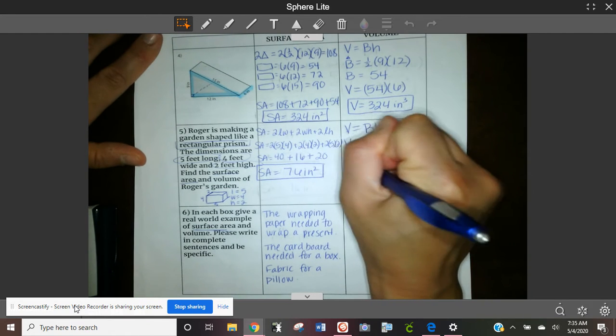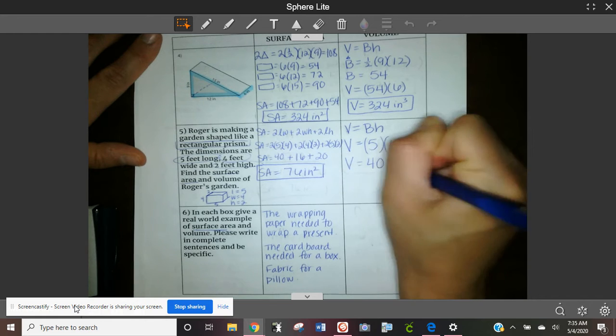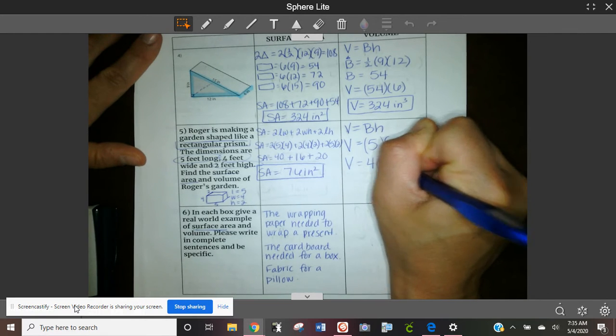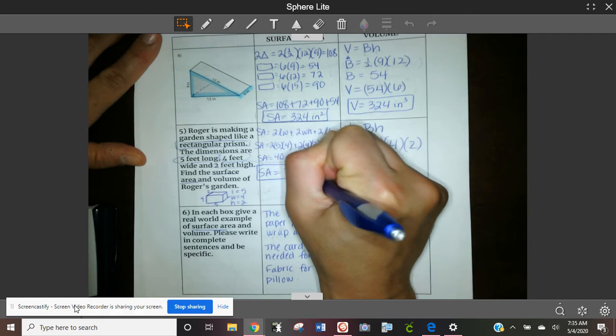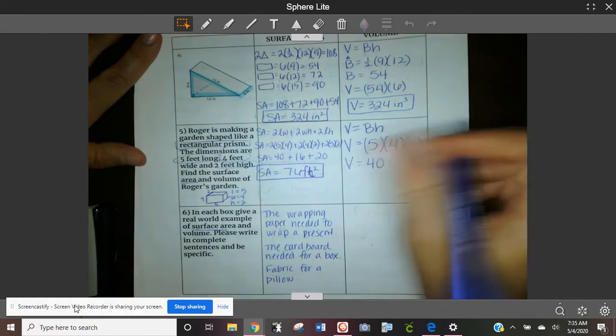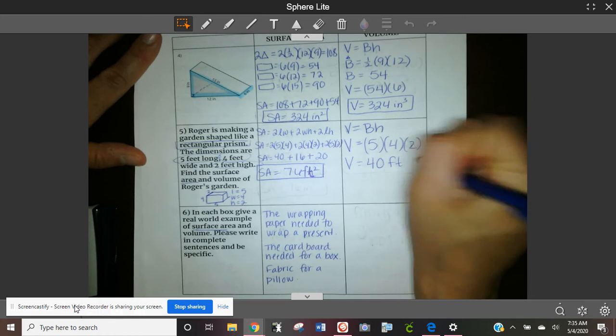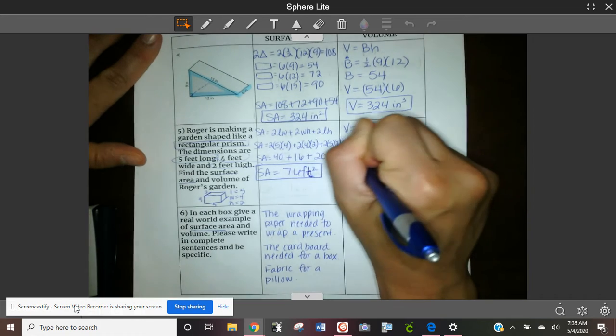And our volume is going to be 40. Another mistake. This one was feet squared. Sorry, guys. Okay, this is 40 feet squared.